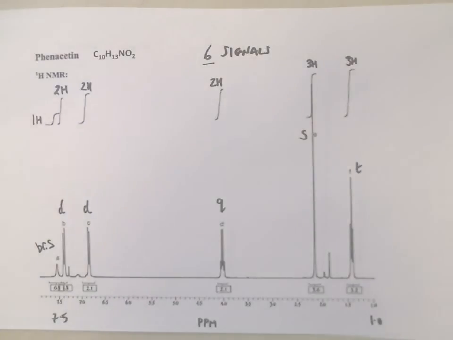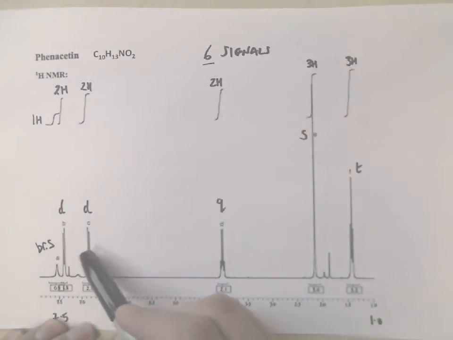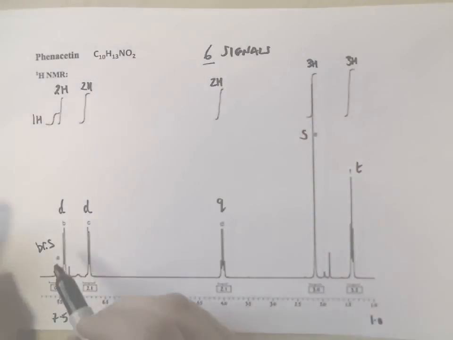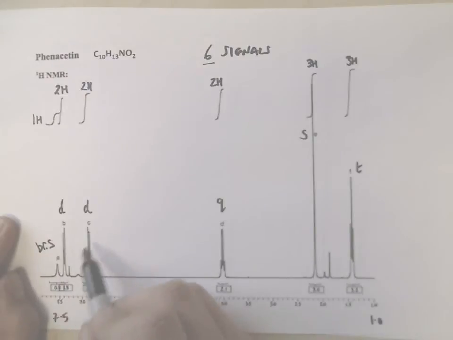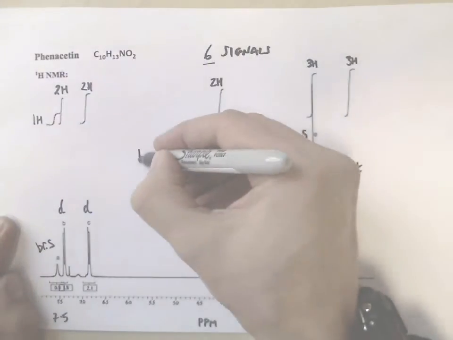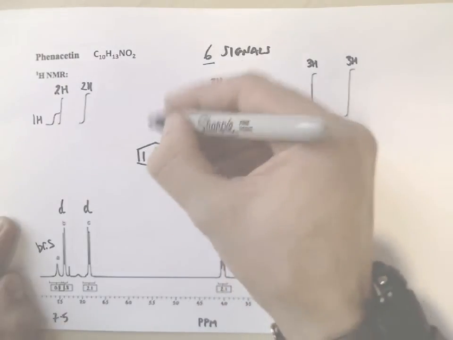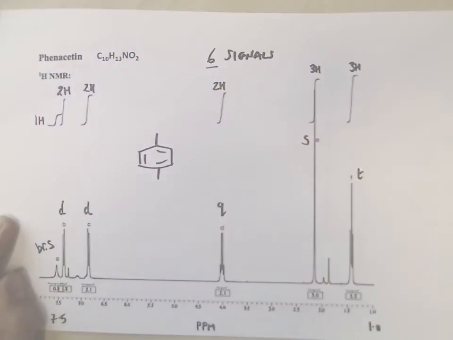Well, first of all, let's look at the aromatic region. This region here, between 6 and 8, is the aromatic region. And if you remember from your lectures, if you have these two doublets in the aromatic region, it means that you must have a para-substituted benzene ring.